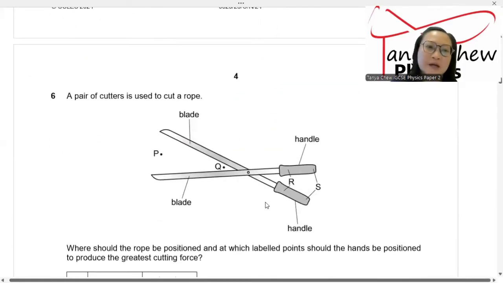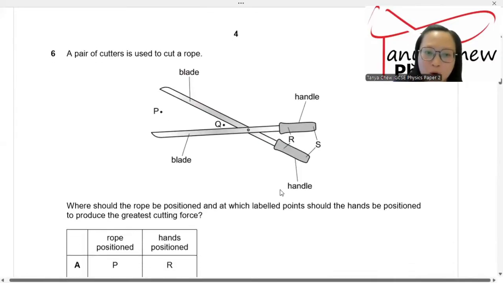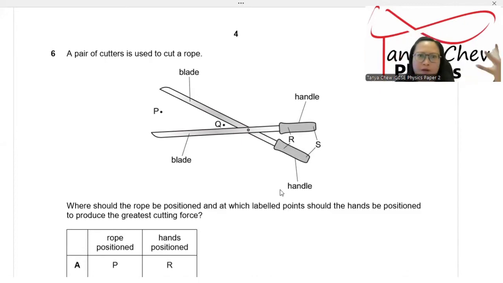Question number 6. A pair of cutters is used to cut a rope. Where should the rope be positioned and at which labeled points should the hands be positioned to produce the greatest cutting force? You have to bear in mind that the cutting force is by the blades. Don't you think so? And the force that you apply to the handle has to be close to the handle.